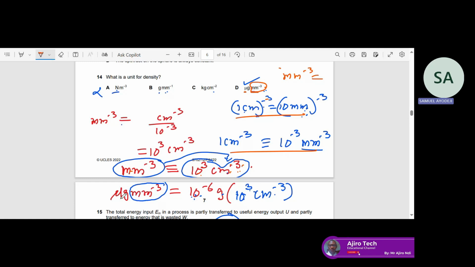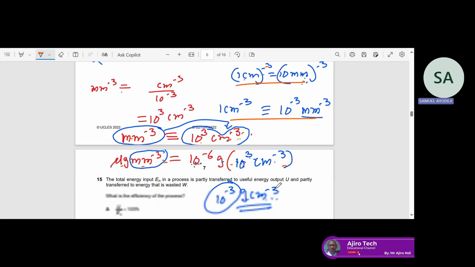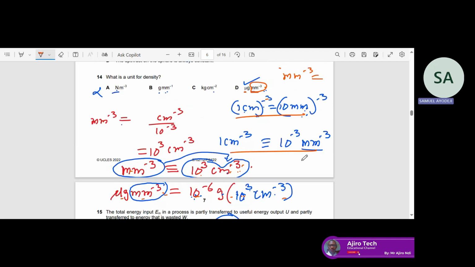This is a magnitude, this time that will give me minus 3. I don't really need the value here, but I need this, that's the unit. I only replace this one with this one. That's all.